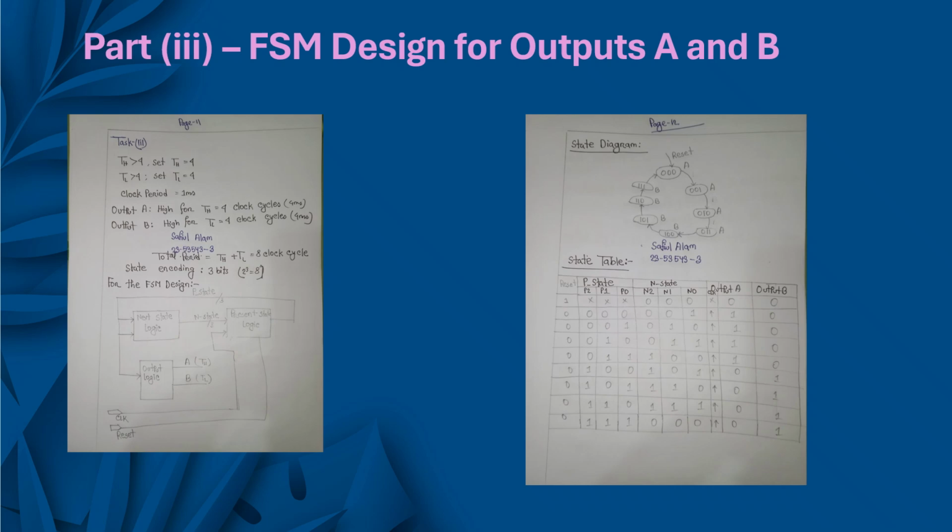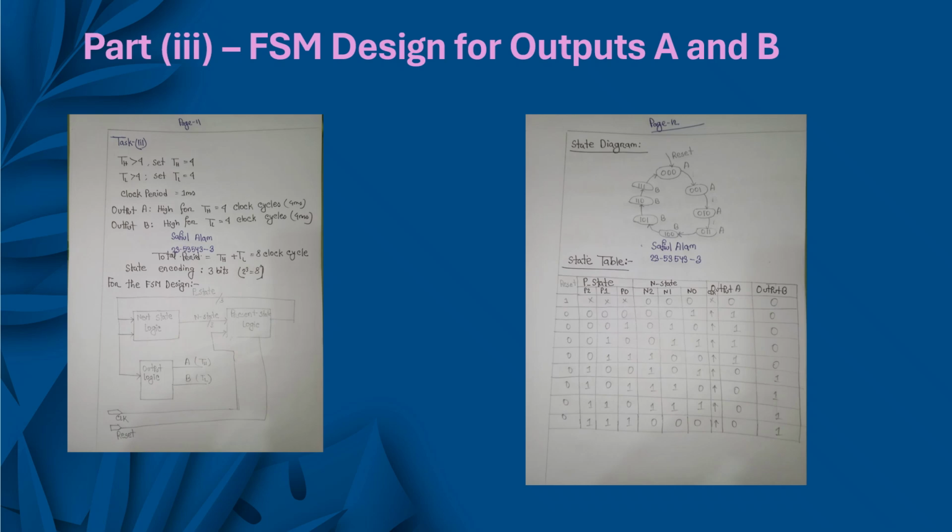S4 through S7 produce A equal to 0 and B equal to 1. The state diagram shows a simple ring, which is S0 to S1, S2, S3, S4, S5, S6, S7, then it comes back to S0. I use binary state encoding with 3 flip-flops P2, P1 and P0. The next state logic is straightforward, but the question explicitly asks for only the output logic.